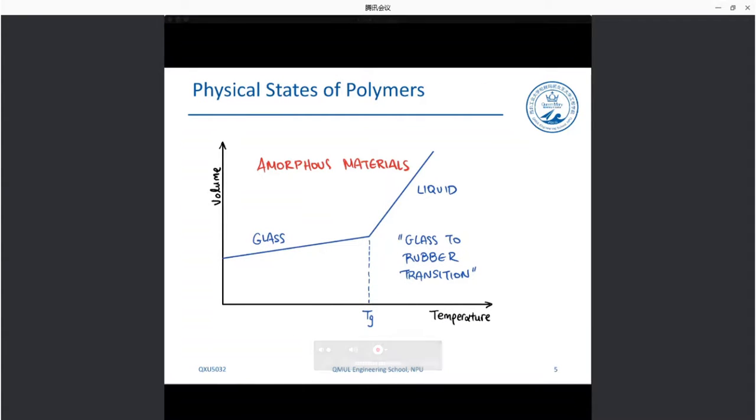Now, if we look at these graphs of volume versus temperature, for amorphous materials, we said already that we have only glass transition, okay? And because they are amorphous, we have a random molecular structure.